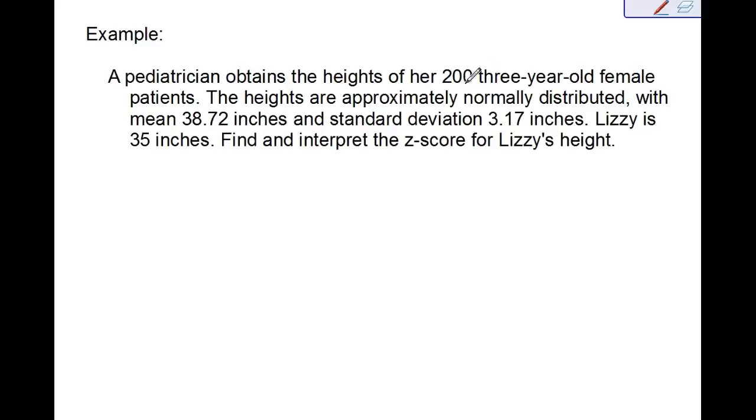So we know that the pediatrician has 200 female 3-year-olds, so this would be like our n, how many total we have. We have a mean of 38.72, and our standard deviation is 3.17, so our sigma is 3.17.